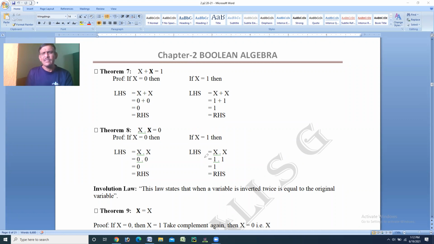So hence the theorem is proved. This is called the complementary law. In the complementary law, we have two theorems, theorem number 7 and theorem number 8.